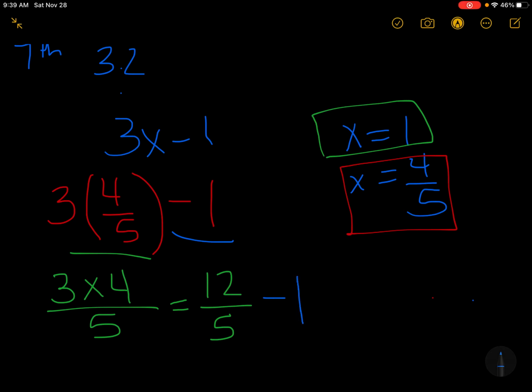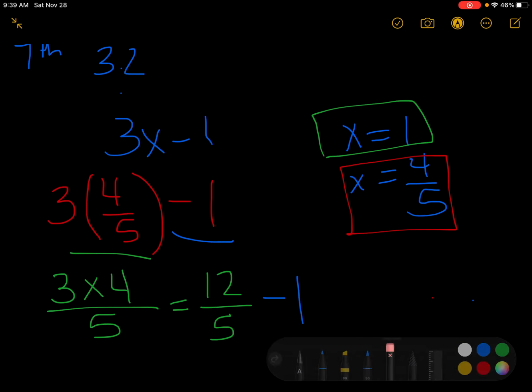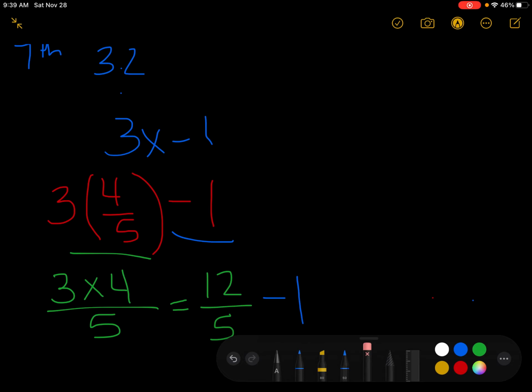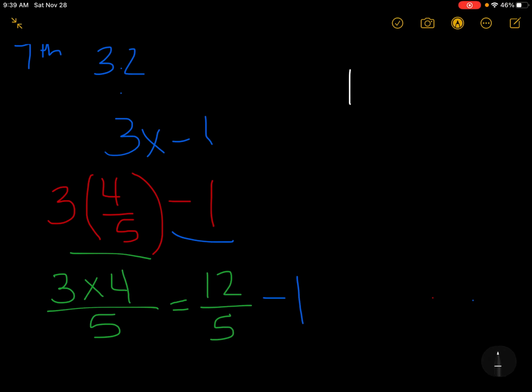All right, so if we were going to go ahead and subtract this, I'm going to write it up here on the top so that we can see the difference here. 12 fifths is farther than a whole, which is what we're trying to subtract here. So if we break this down, a whole we know is going to be the same numerator over the same denominator, in this instance, 5.